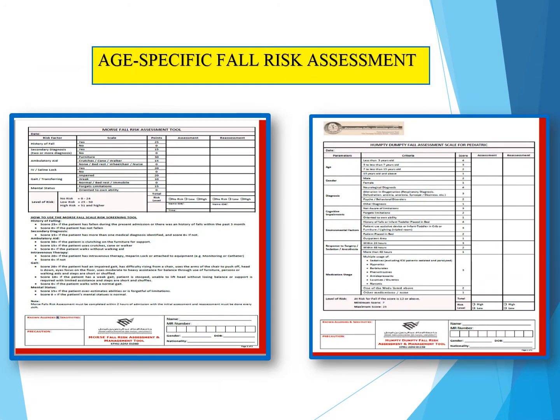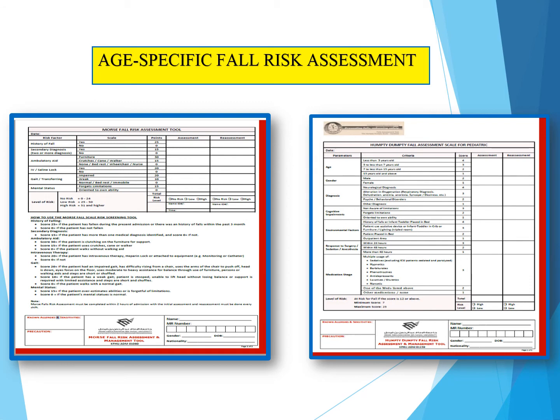For fall risk assessment and reassessment, an age-specific fall risk assessment scale will be used, either electronically or manually, utilizing the following. For adults, Morse Fall Scale with levels of risk for reassessment: no risk 0 to 24, low risk 25 to 50, and high risk 51 and above.